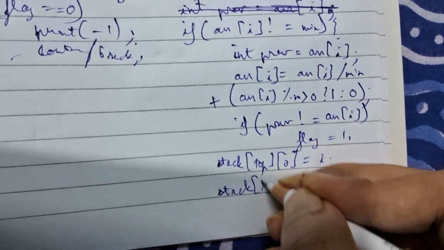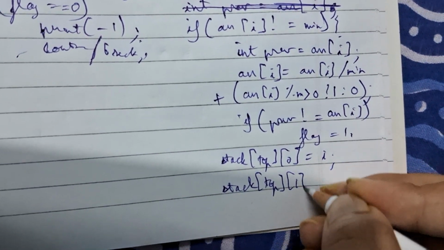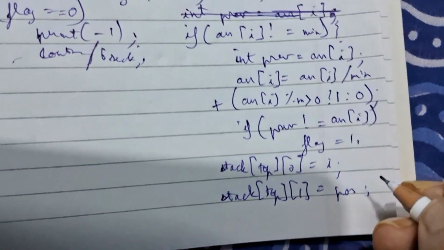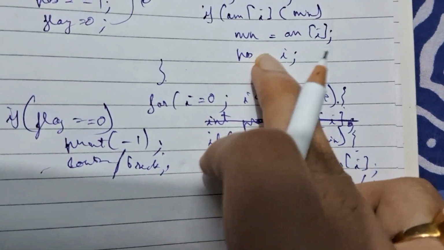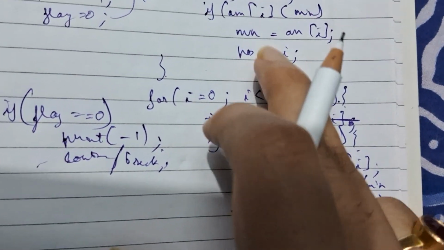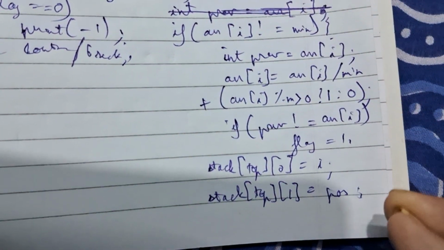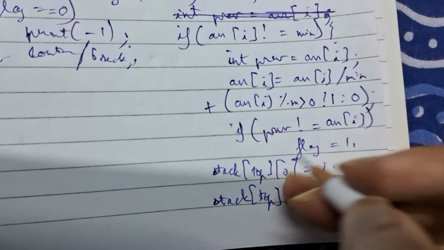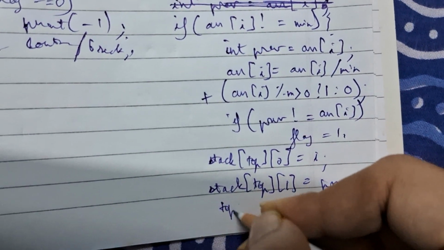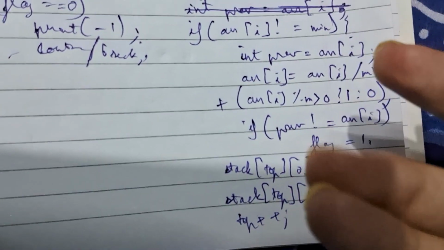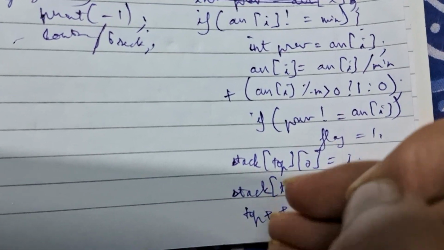The minimum element. So what is the position of the minimum element? That is pause, right? Pause is the position of the minimum element. So once we are done with this, now top plus plus, the implementation of stack.